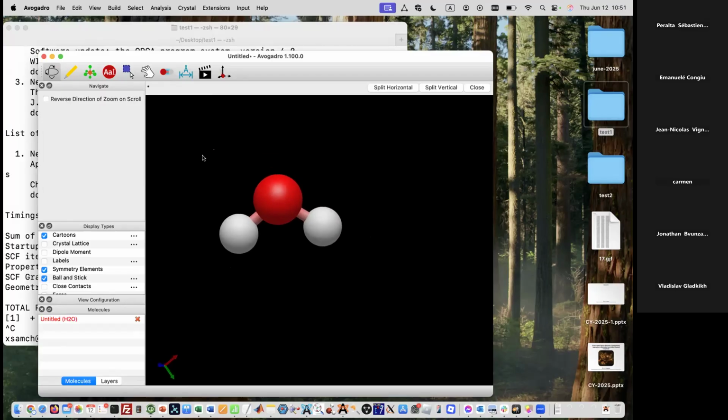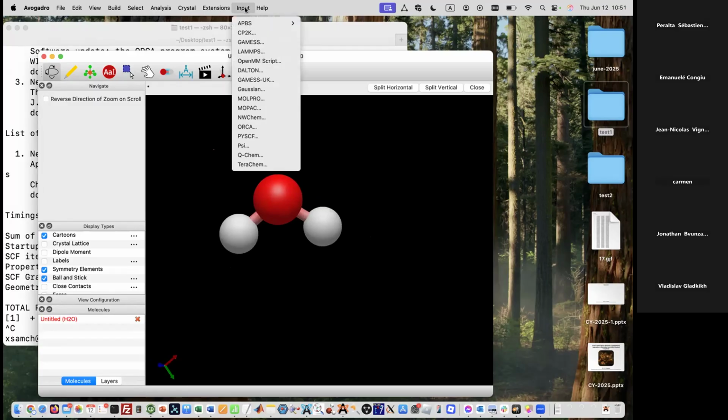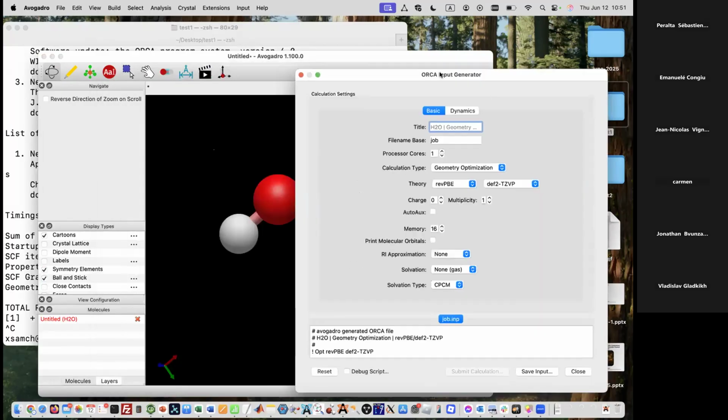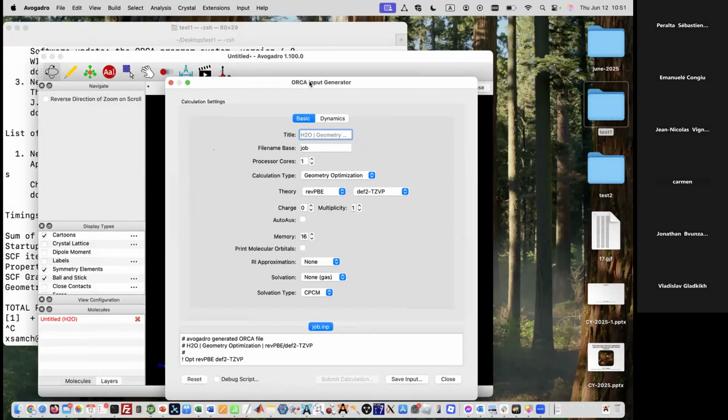Now let's say you want to set up the ORCA calculation, you can do it from here. You can see the input menu here, and it has inputs for many different programs. Here our interest is ORCA, and when you click that, you will see a menu like this, and then you can introduce a title.